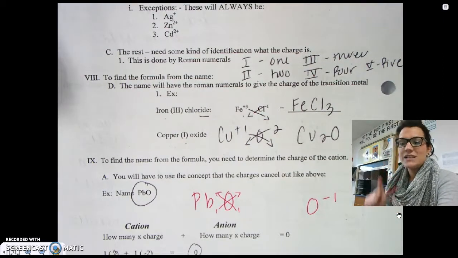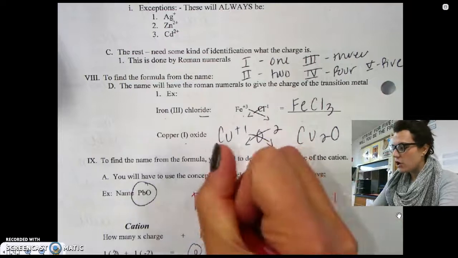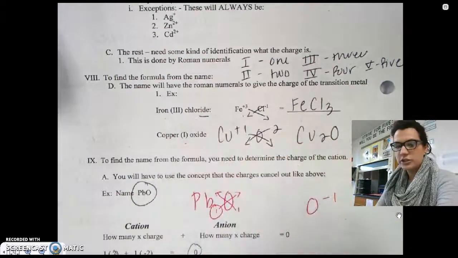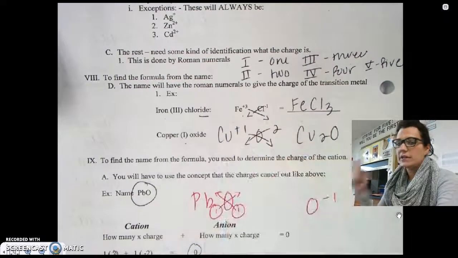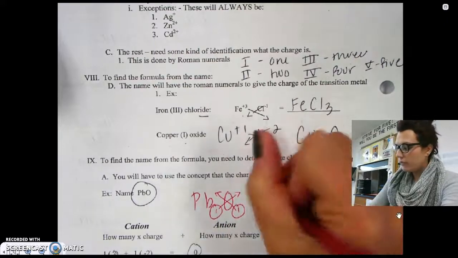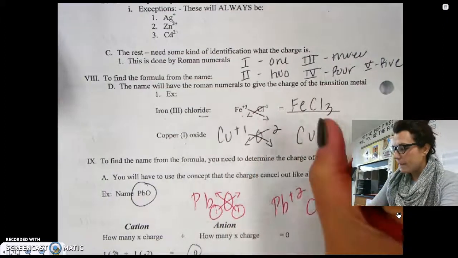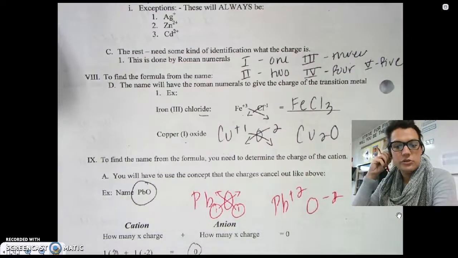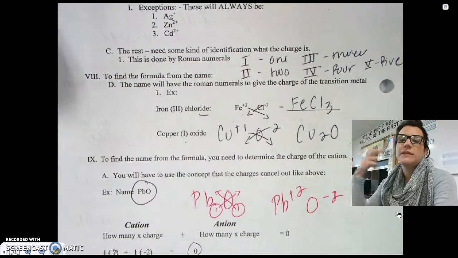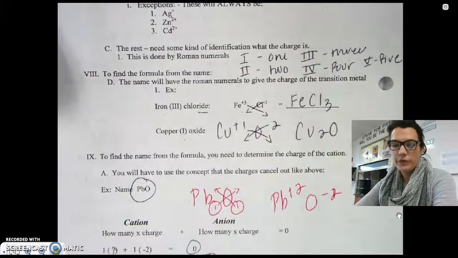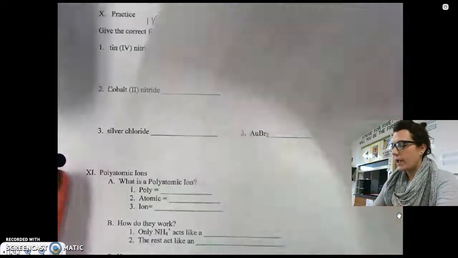The answer in this case is no, okay? Oxygen is -2. Therefore, if there is no 2 here, like there should be, that must mean that the charge is canceled. Therefore, lead's charge would be +2 and oxygen's charge would be -2, which means they would cancel and make PbO. Okay, so that's one way.